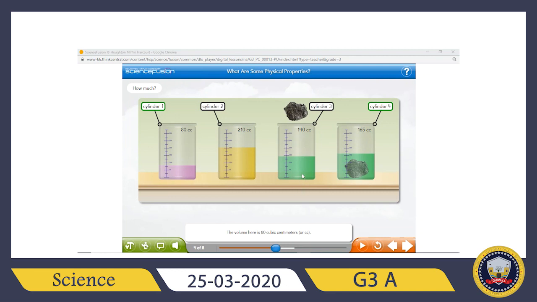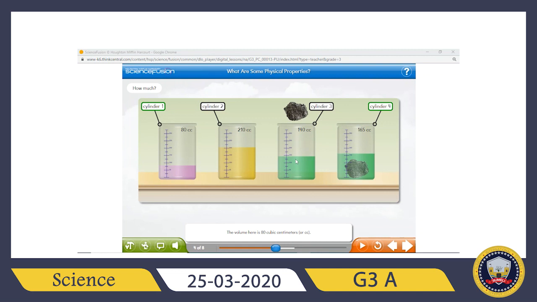This time you can also measure the volume of solid matter, like this rock. So what is my volume here? It says 140 milliliters is my volume, right? So what happens after we drop in the stone?